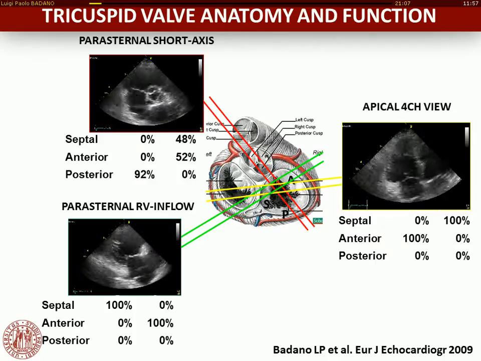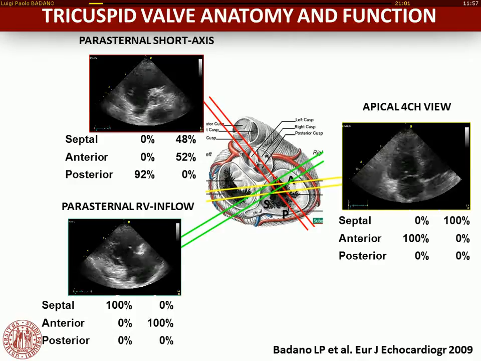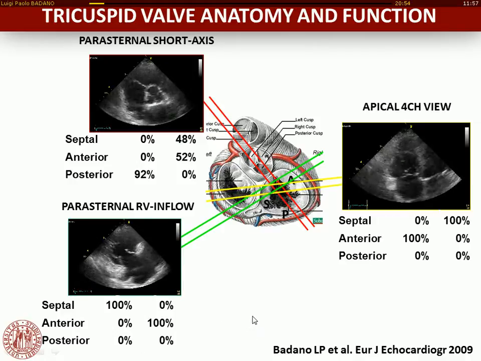Why is the tricuspid valve not so well treated? Well, first of all, as with any lady, when you look at the tricuspid valve with 2D images, it is quite mysterious.